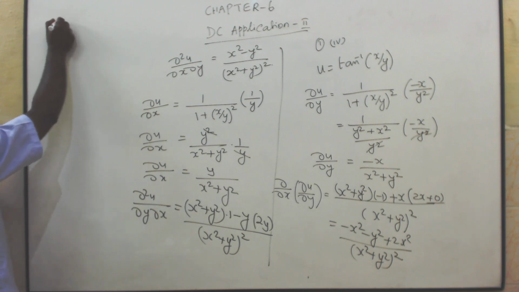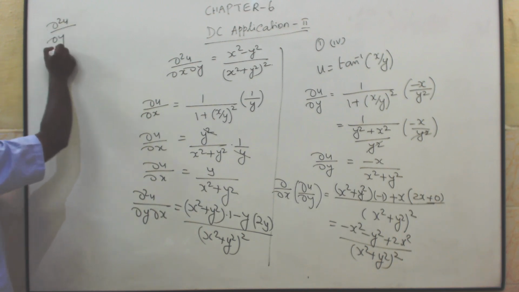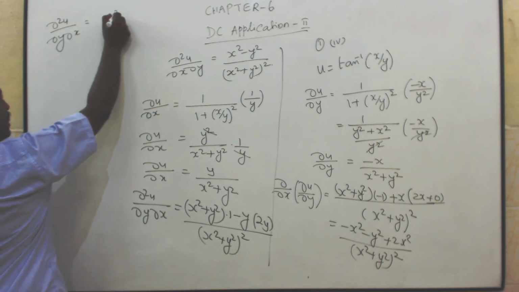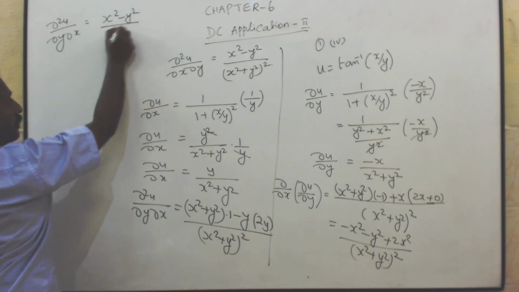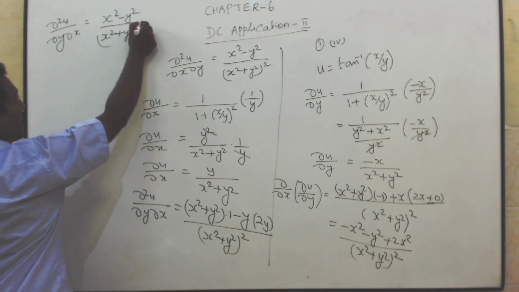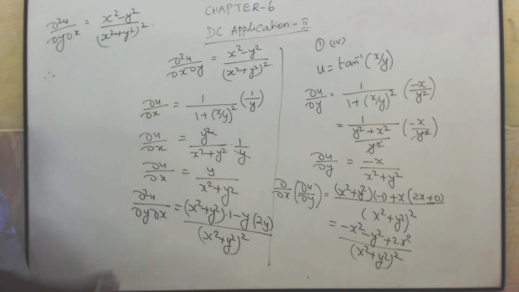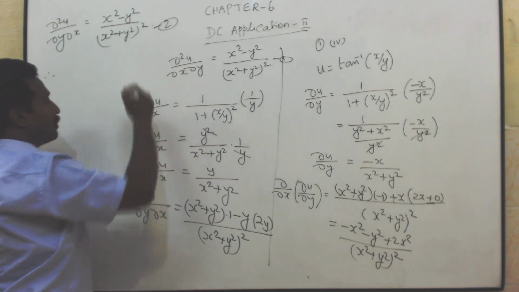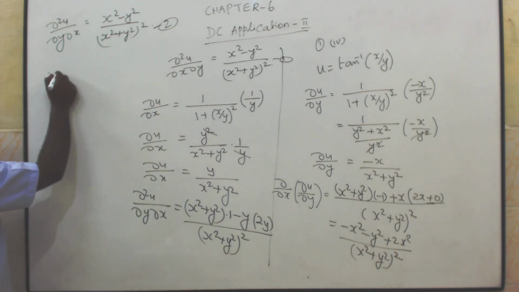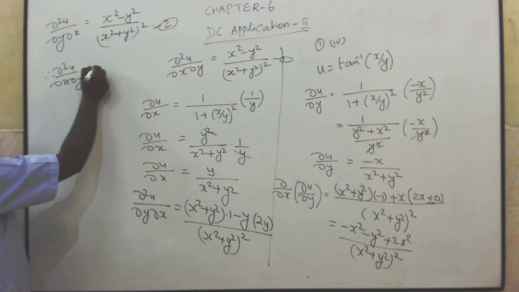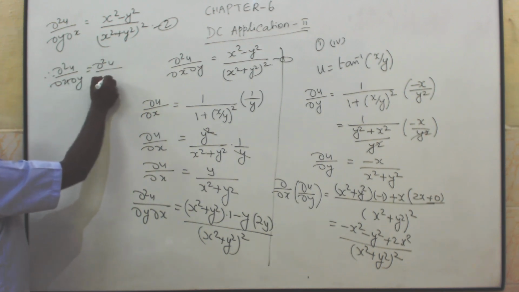Now, dou square u by dou y dou x, when we multiply and simplify, equals x square minus y square by x square plus y square of whole square. Therefore, from 1 and 2, dou square u by dou x dou y equals dou square u by dou y dou x.